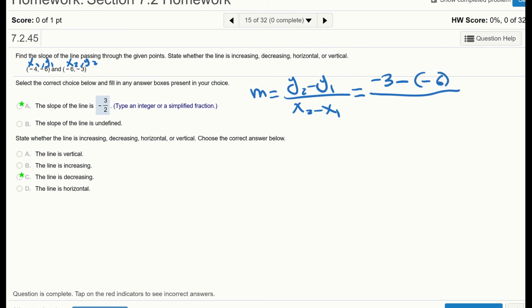That means you have to parenthesize it, okay? So downstairs we get -6, that's x2, minus -4. And keep in mind that those two are going to result in a plus or positive, and so will those two. So we end up with -3 plus 6, which is +3, over -6 plus 4, which is -2. Normally we would like to write that with just the negative on the side, so we get -3/2 like that. And this line would of course be decreasing.